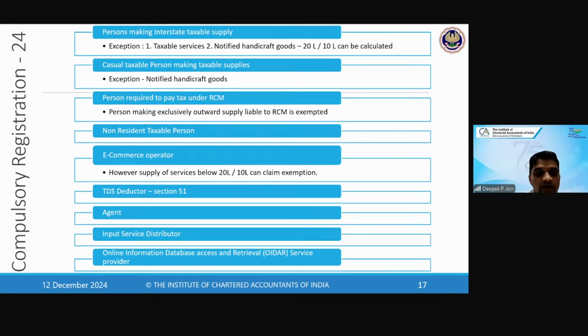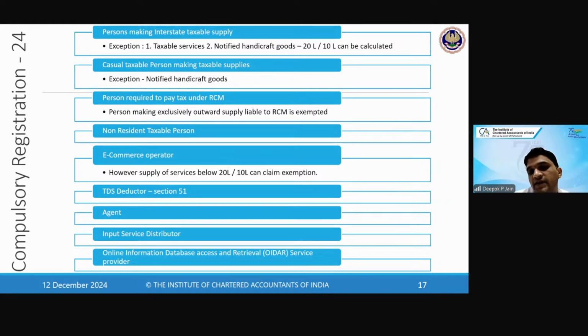Casual taxable person. A casual taxable person is a person who is not having registration in a state. He's having registration in some other state, but he's coming to this state and doing some supply, and he will go back. The casual taxable person's registration limit is only for 3 months. It's a short-term registration. He will do the short-term business and go back.